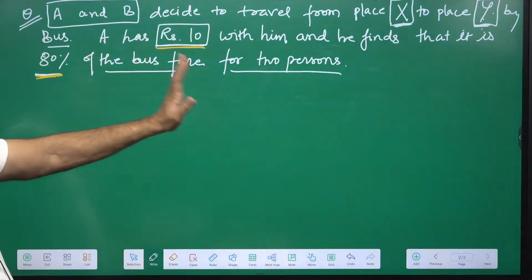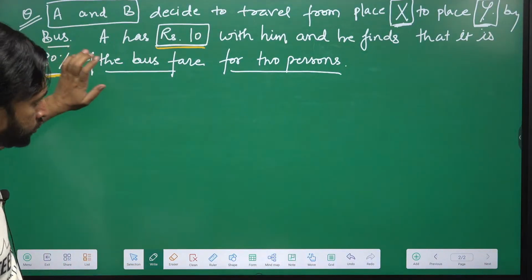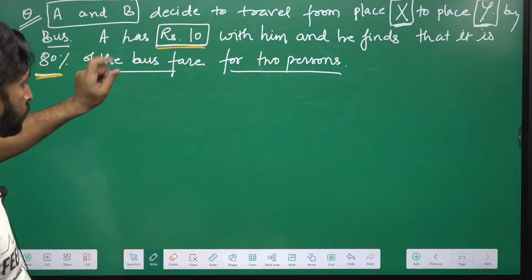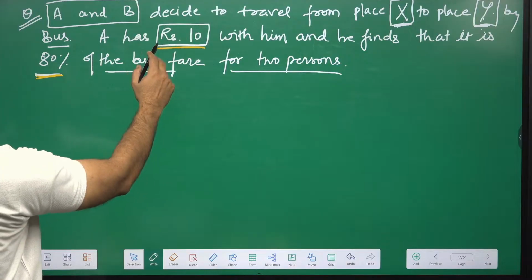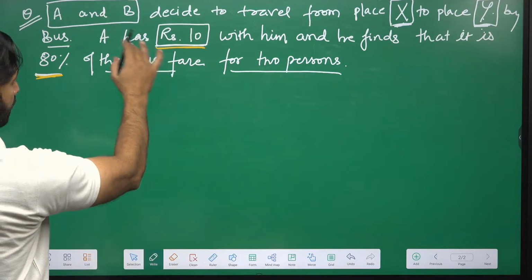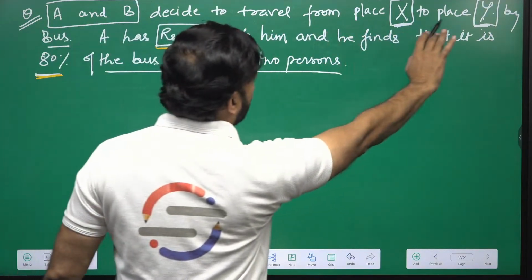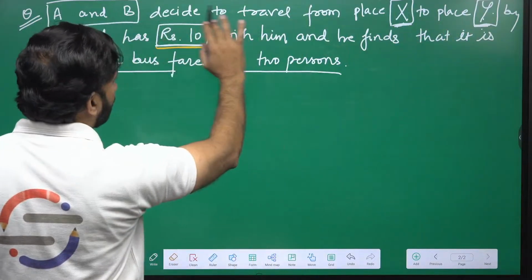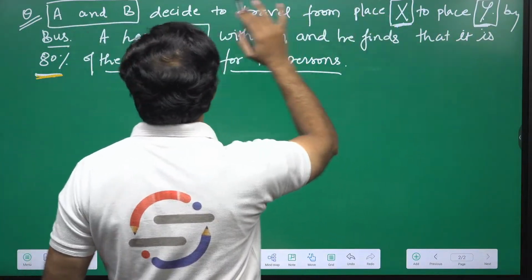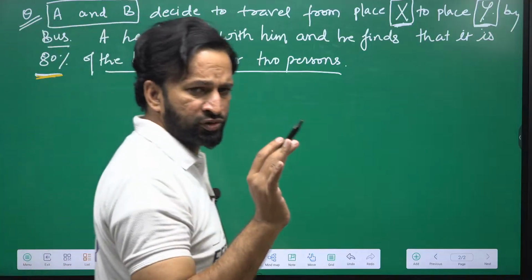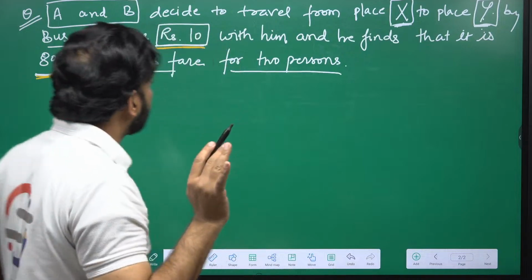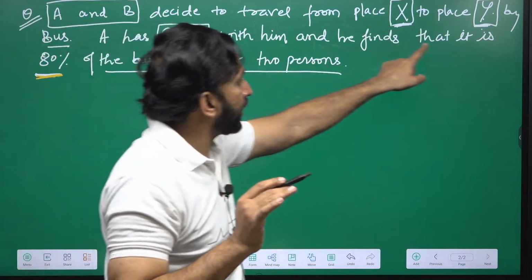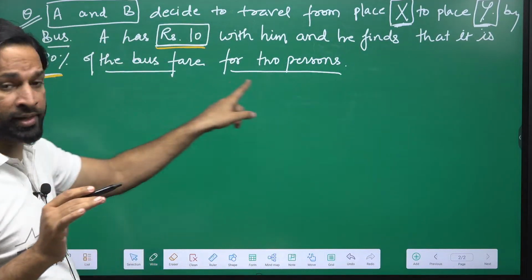You have to keep reading the question and keep deciphering it. The information given in it, this is the first piece of information. One is this straightforward information, A and B traveling from place X to place Y via bus. Very general information, no interpretation is required. This is the first statement which requires interpretation.